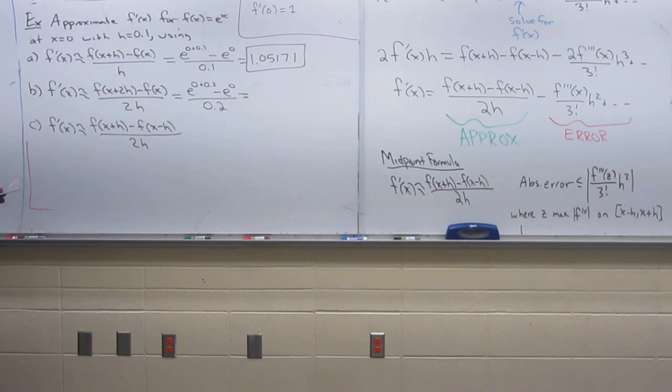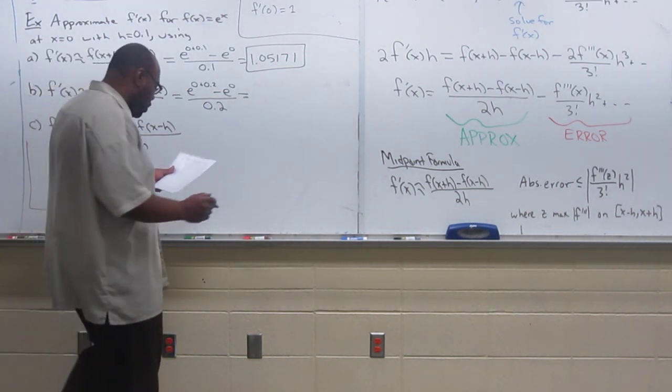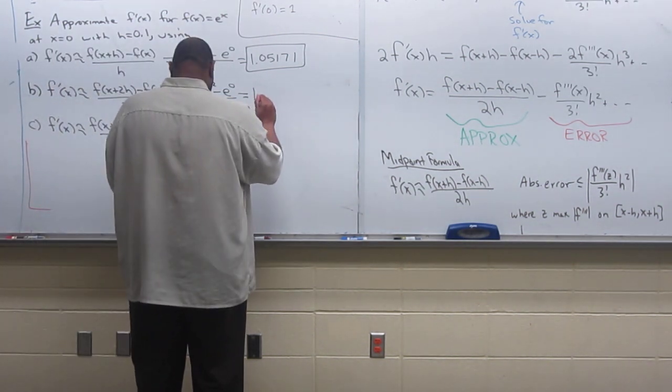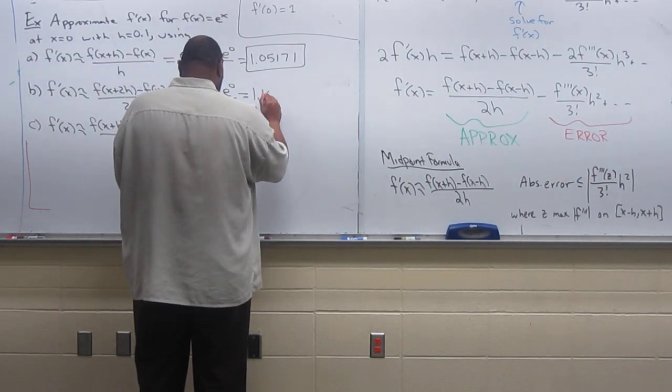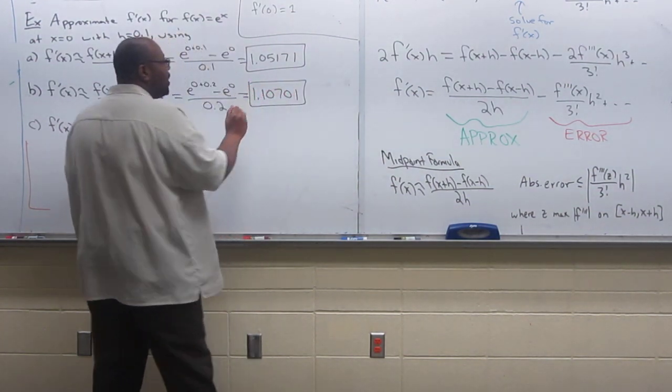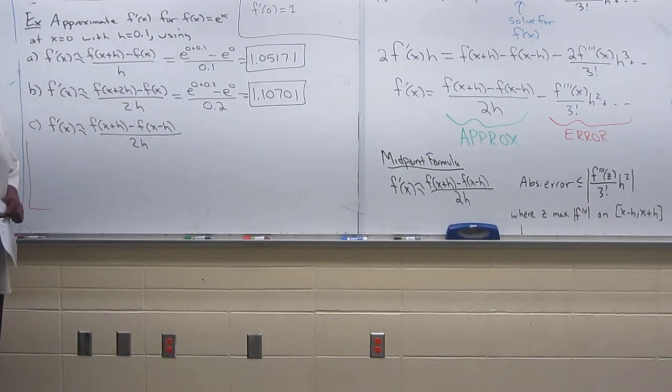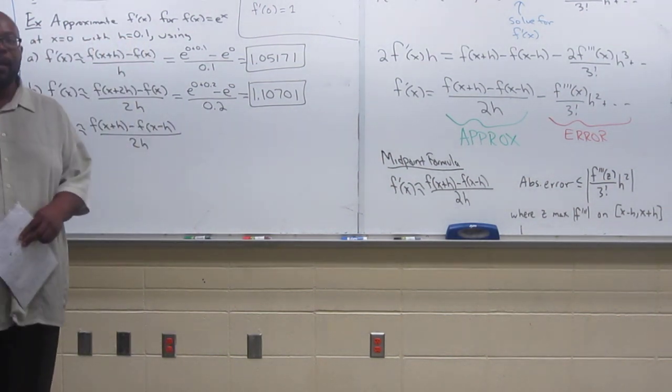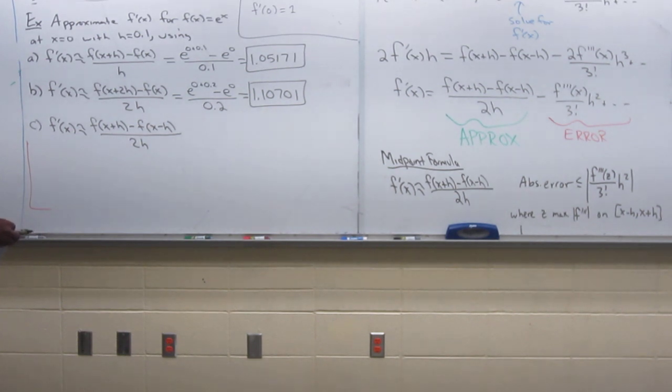Now, if you work this one out, you get 1.10701. Well, that's worse, right? That's a worse approximation to my derivative at 0. That's no good.